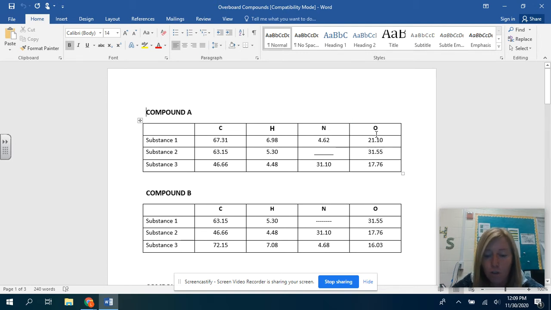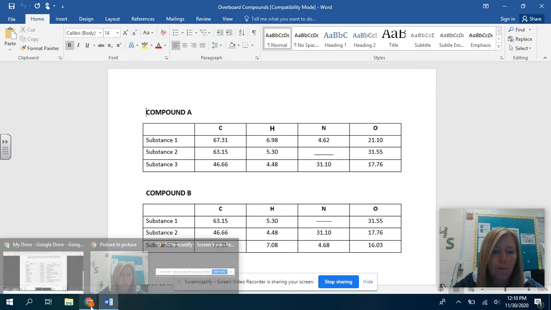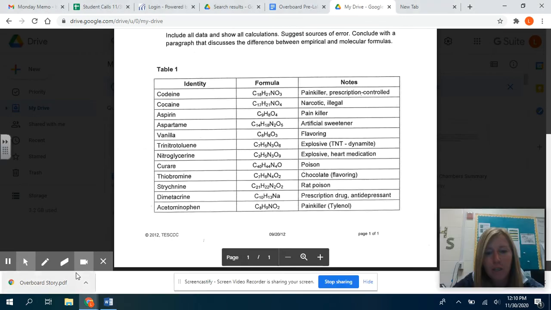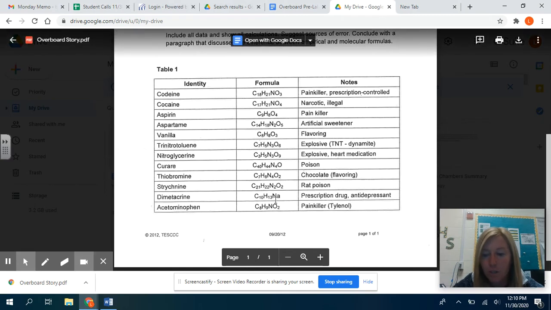You would convert each of them to moles, divide by the smallest, and then find a whole number or a multiplier for a whole number, whichever you need to do. Once you get your empirical formula, C, H, N, and O, you then come back and compare it to these to see which one it is.